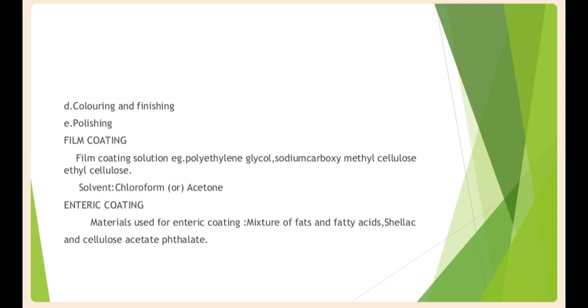Next one is subcoating. Subcoating is given to the tablet to make the surface uniform and build up tablets to a suitable size. After seal coating, the subcoating solution is applied to the tablets and the tablets are allowed to roll. An example of subcoating solution is acacia syrup.